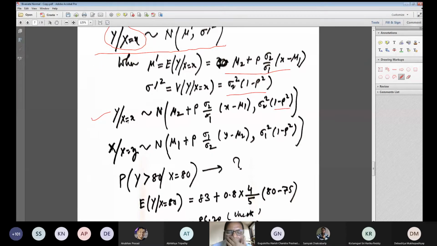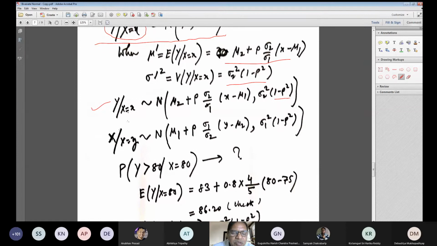So on this basis, if I have to write the distribution of x given y, because many times we have to find the probability in the form of x given y, instead of going through all the derivation, x given y will be normal with mean mu1 plus rho sigma 1 over sigma 2 times y minus mu2, and the variance will be sigma 1 square, whatever the variable is here, times 1 minus rho square.